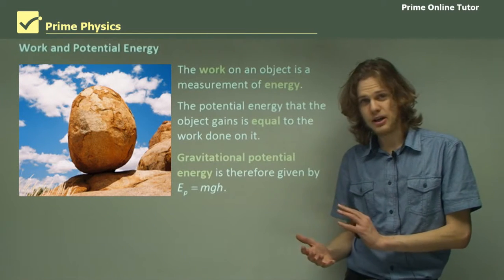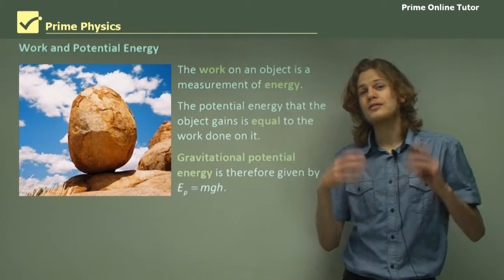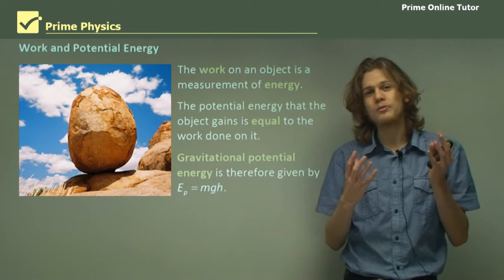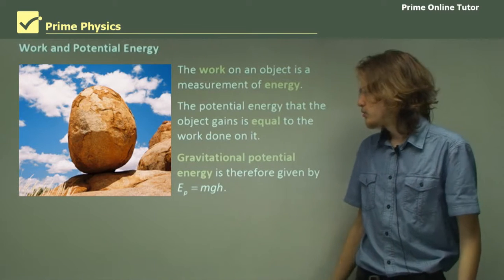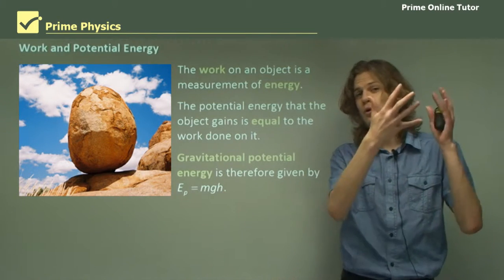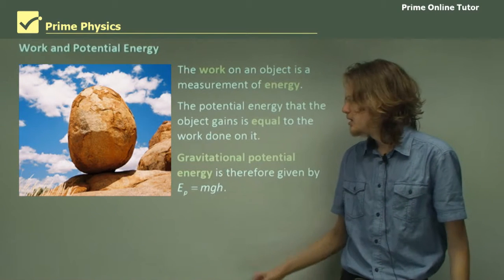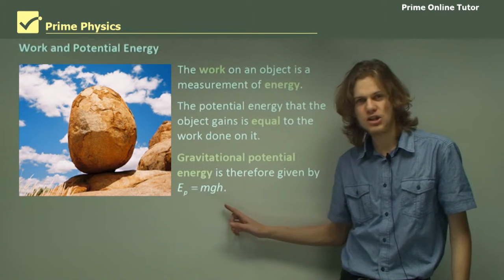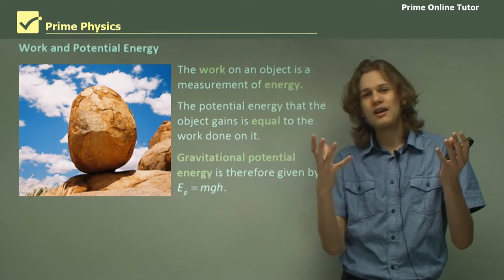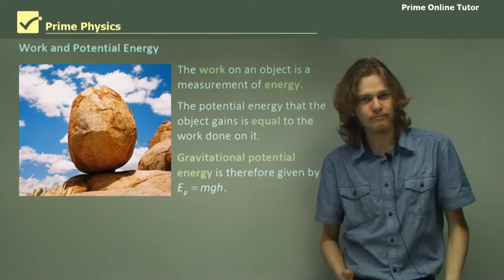Gravitational potential energy is therefore given by exactly the same equation as the work it takes to lift an object up a distance of h. So the gravitational potential energy at a distance h from the ground, so you're able to fall h meters, is given by mgh. That's how much work it takes to lift something. That's how much energy it will have when it comes back down.